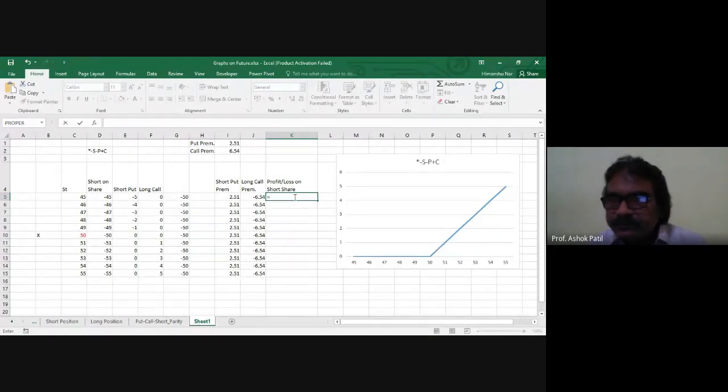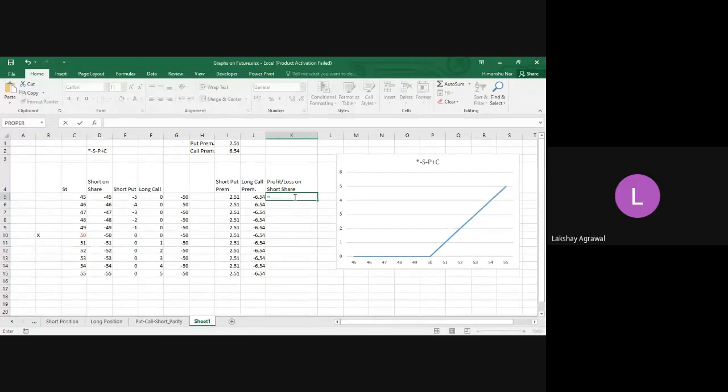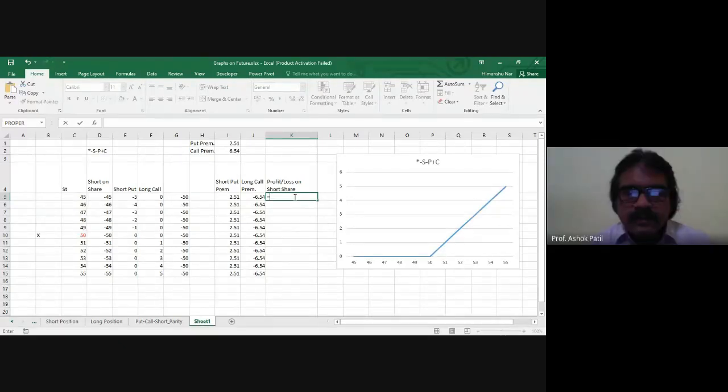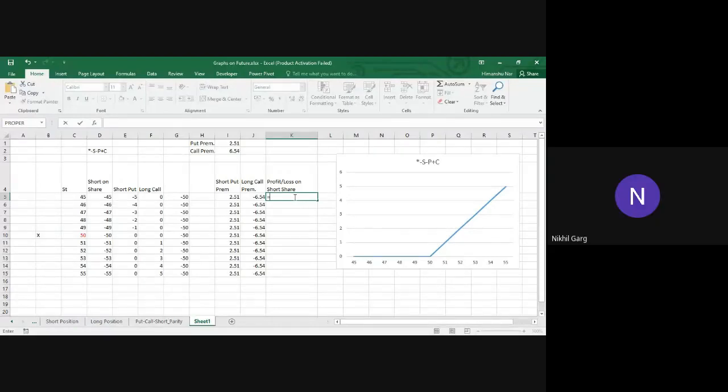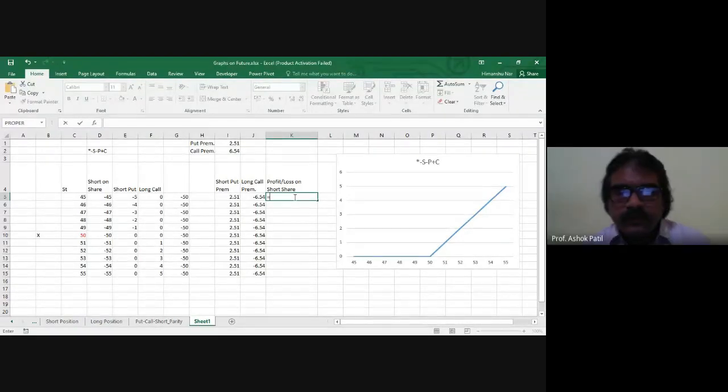Lakshay? I think each one of you should do this. Yes, Lakshay, tell me. It's minus E5 plus 2.51. What is short put to do with your position in the share?